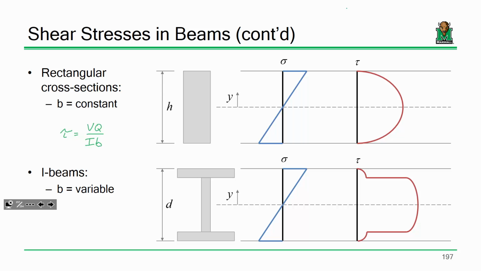Jumps up, right? Which is why if you look at I-beams, the bending stress is the bending stress, but the shear, there's a sudden jump right here, okay? Make sense? There's a sudden jump right there where the flange web junction is, because there's a sudden change in width, there's a sudden jump in shear stress.